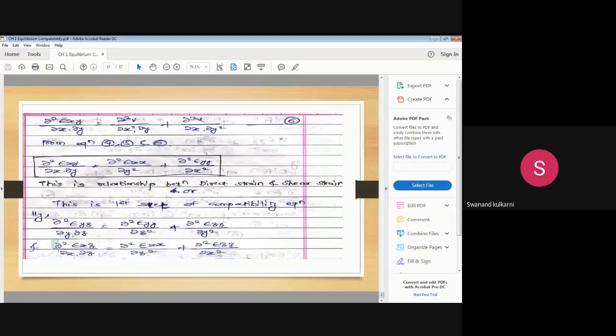So try to understand this particular equation: ∂²epsilon xz upon ∂x ∂z is equal to ∂²epsilon xx upon ∂z² plus ∂²epsilon zz upon ∂x². This particular equation is a similar kind of equation as the previous equations.